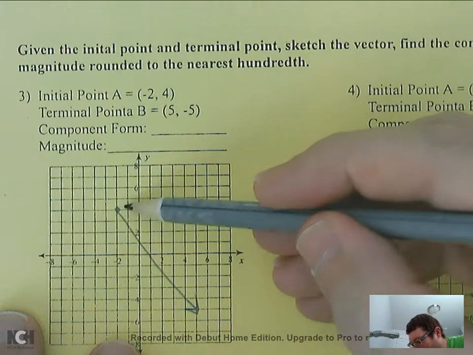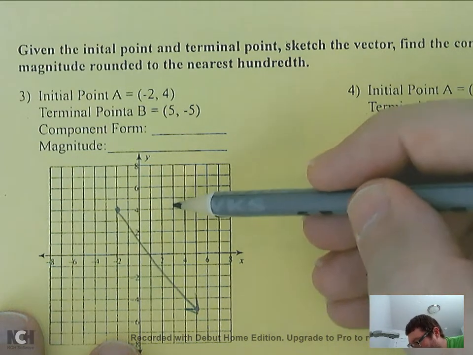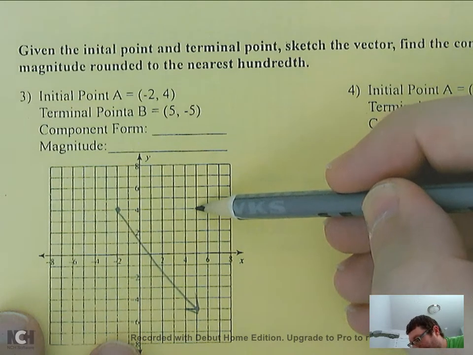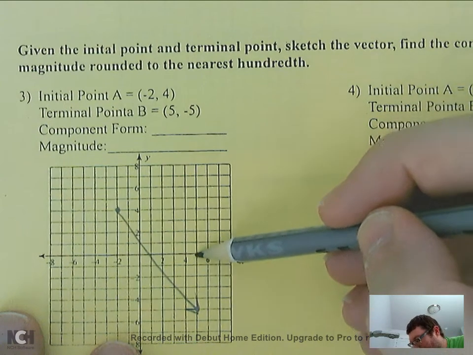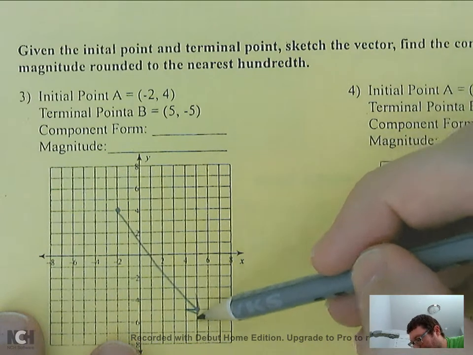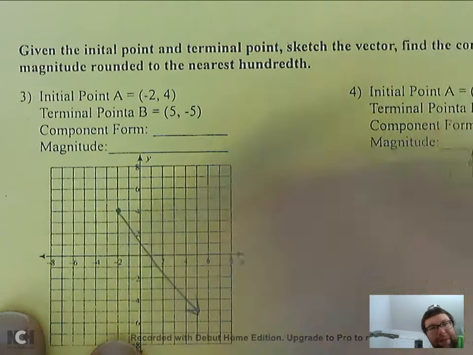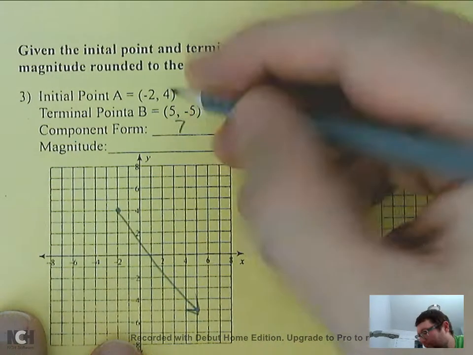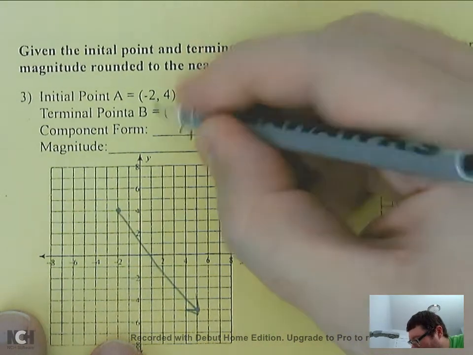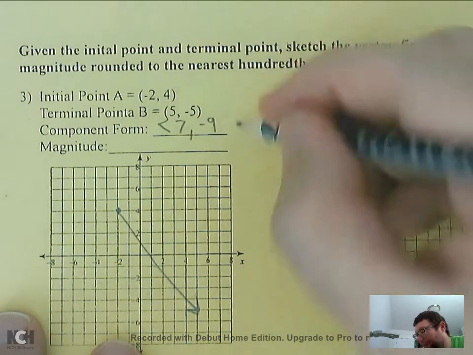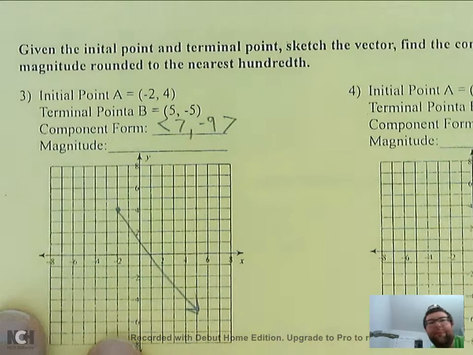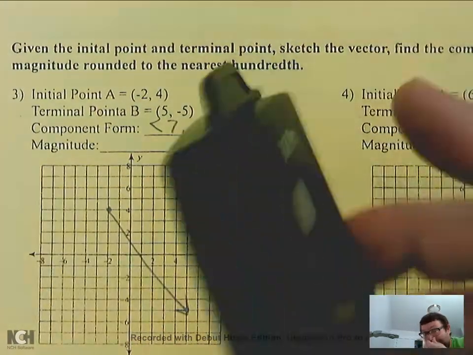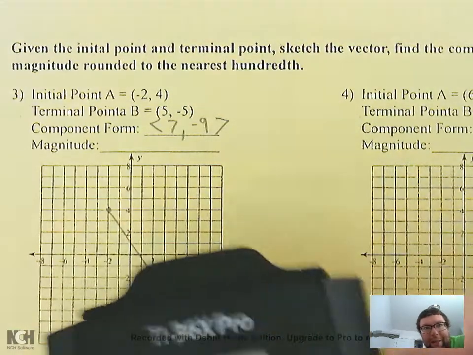So again, to find the components, it's just the horizontal length and the vertical length. So this is going over 1, 2, 3, 4, 5, 6, 7. And it's going down 1, 2, 3, 4, 5, 6, 7, 8, 9. So that's 7 to the right, so +7, and 9 down, which is -9. Right is +x, down is -y. And that would be your components. And then to find the magnitude, it would just be those two numbers squared, added together, and square root.